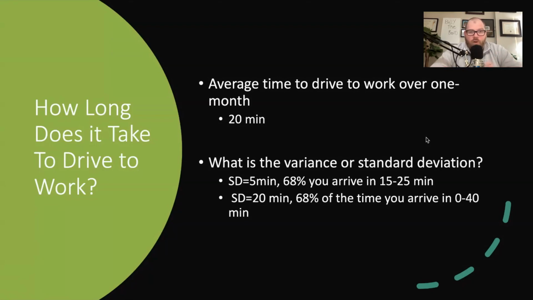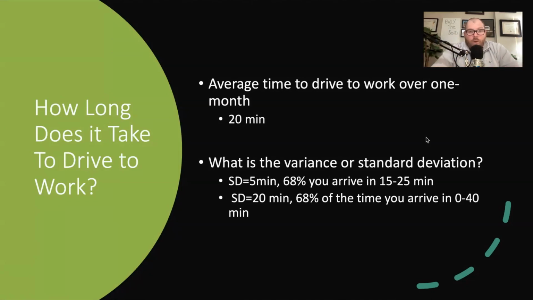Maybe you live right across the street from your job, and there's a train that directly goes through the middle between your job and your house. And half the time when you go to work, the train comes and it stops you from crossing, and it takes exactly 40 minutes for the train to go by and then for you to cross. So half the days of the month, you get there immediately, and the other half, you don't get there until 40 minutes later.